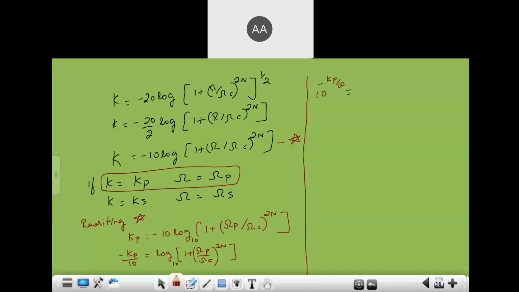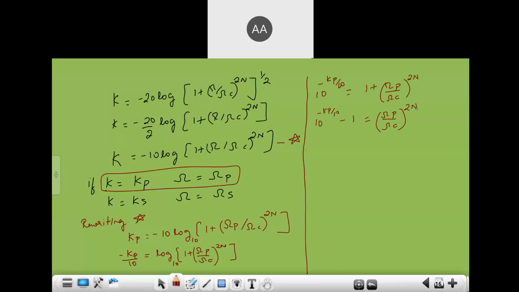So this becomes 1 plus omega p by omega c whole thing to the power 2n. So I'll send this 1 to the other side. This becomes 10 power minus kp by 10 minus 1 is equal to omega p by omega c whole thing to the power 2n. Okay?